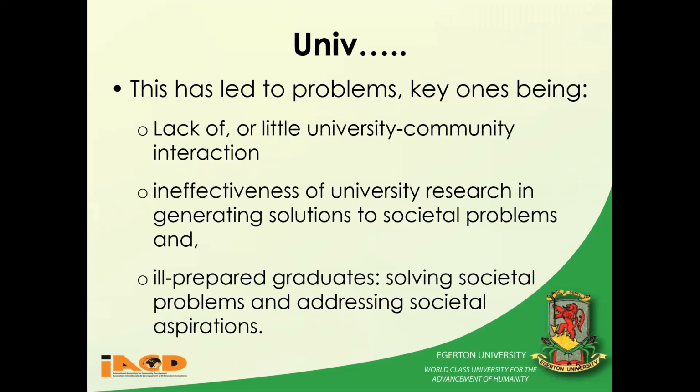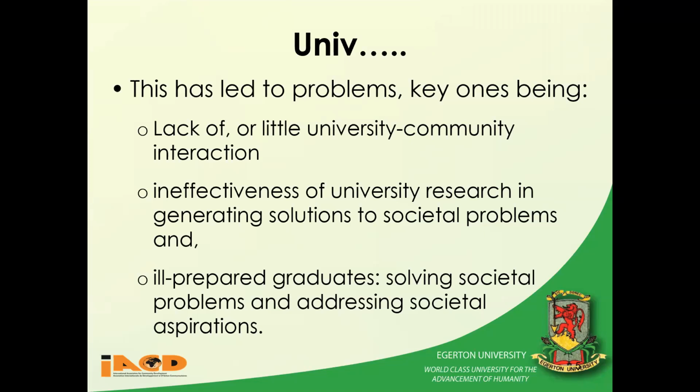And it is important. So if we can have a stronger interaction with the communities as universities, then we would know how the society looks at a problem, and then we may generate solutions that tackle directly those particular problems. The other issue that we've also been grappling with is ill-prepared graduates.